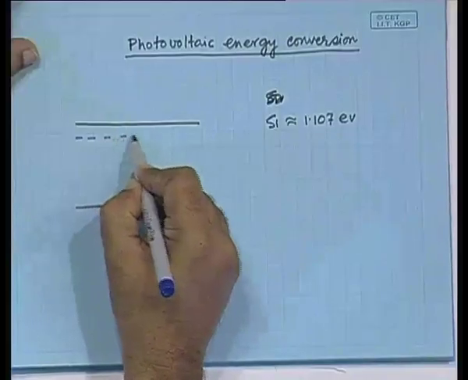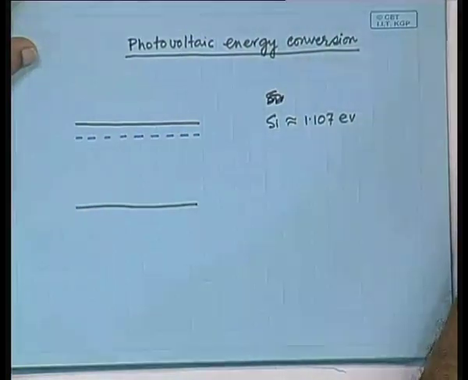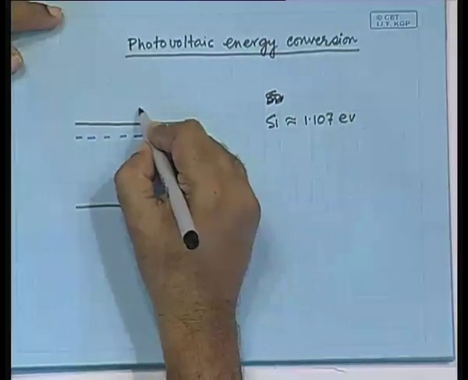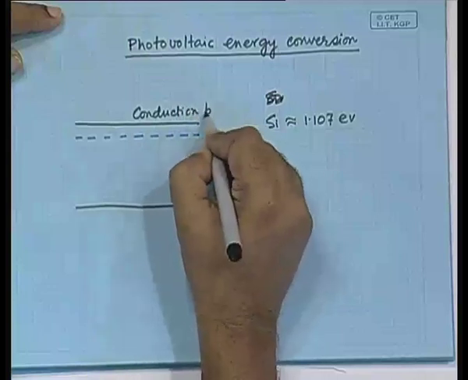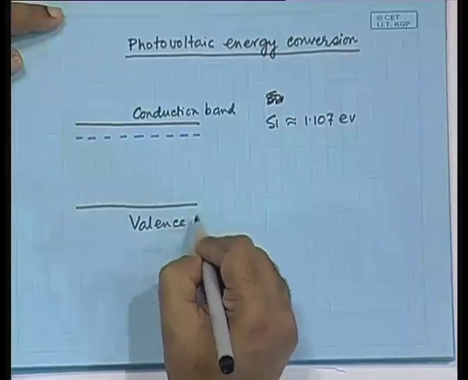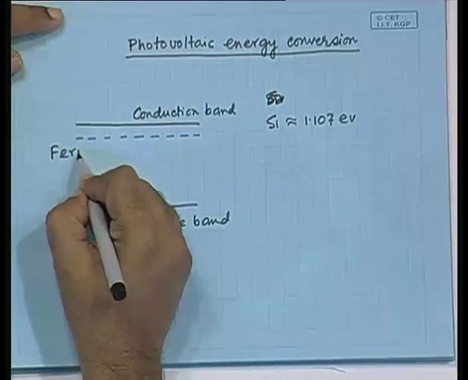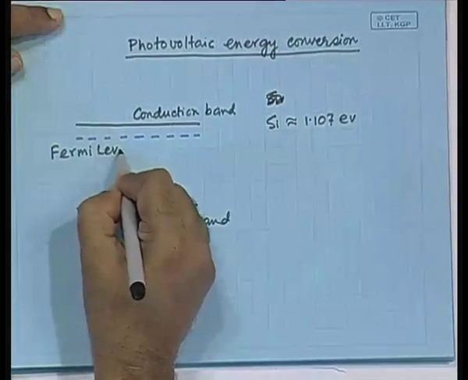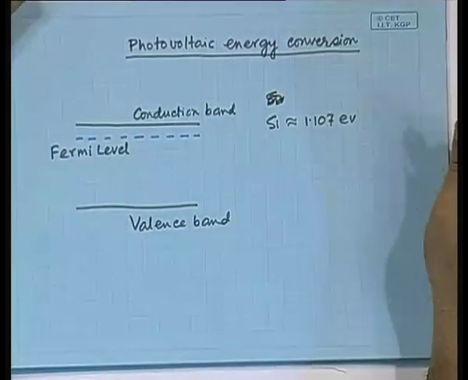So, there would be a level, say in case of an n type semiconductor somewhere here, that will represent the Fermi level. So, this is the conduction band, and this is the valence band, and this is the Fermi level, representing the average energy of the electron in that material.